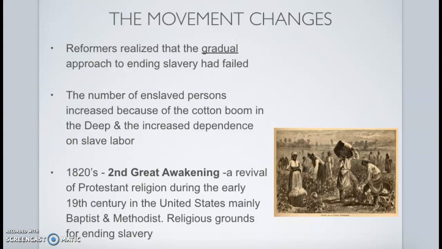We were talking about slavery as a very ingrained institution in the United States, and it took 100 years for abolitionists to actually reach the goal of the 100% eradication of slavery in the United States.